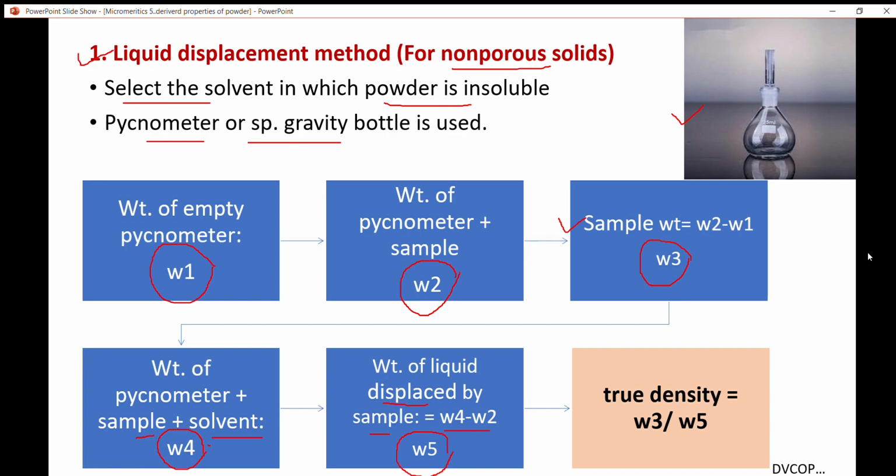After that we calculate the true density using W3 divided by W5, that is the weight of the sample divided by the weight of liquid displaced by the sample, and we get the true density.